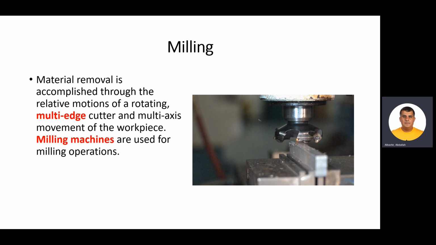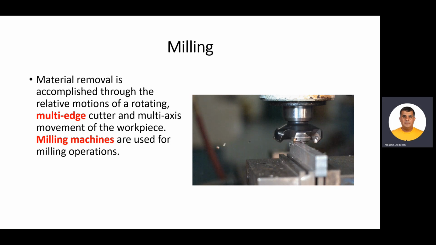Milling is another operation. It's done on a milling machine. And the tool here is a bit different than the tool in the lathe machine, the turning machine, because it has a multi-edge cutter.